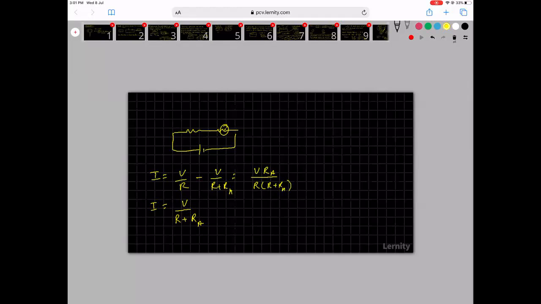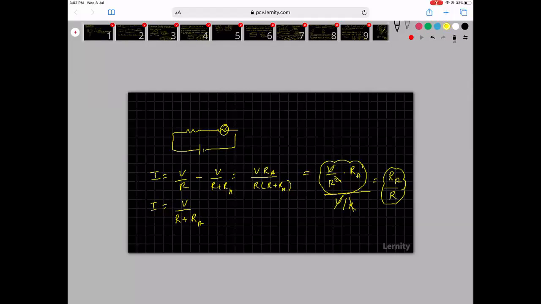If R ammeter is small, then it is equal to V by R square into R ammeter. So this is the error in current. Now if I want to find the percentage error, divide by V by R. So V by R gets cancelled. So here it is R ammeter by external resistance. So this is the error.